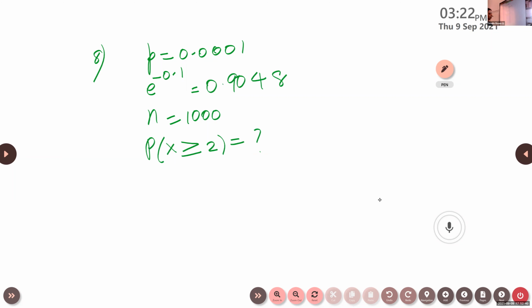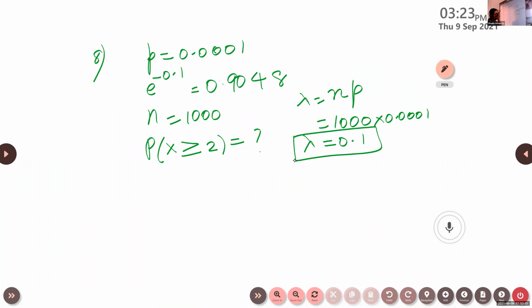How to do this? First, you find lambda, isn't it? Lambda is np, so 1,000 into 0.0001. There are 3 zeros, so lambda will be 0.1.